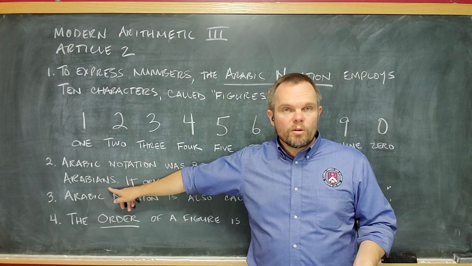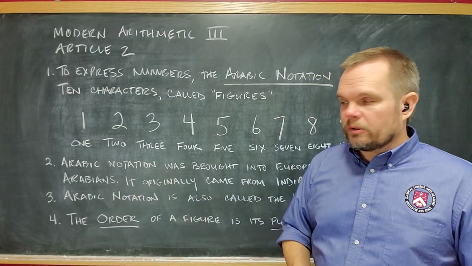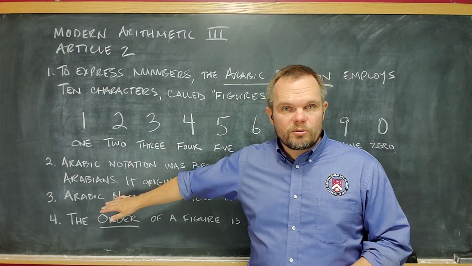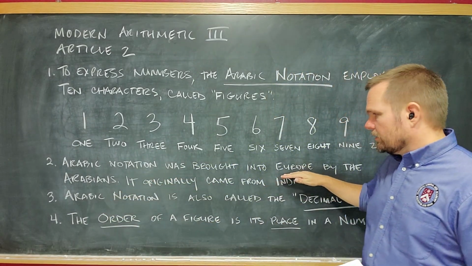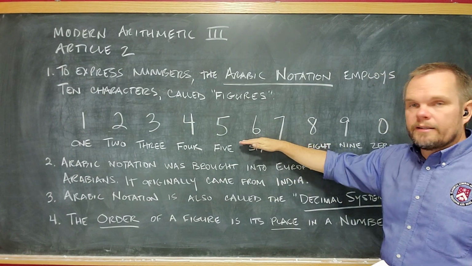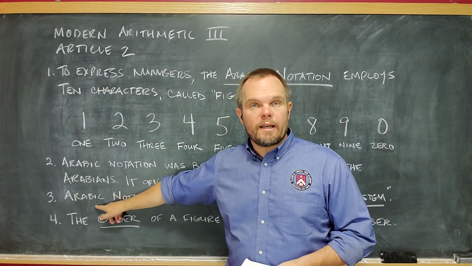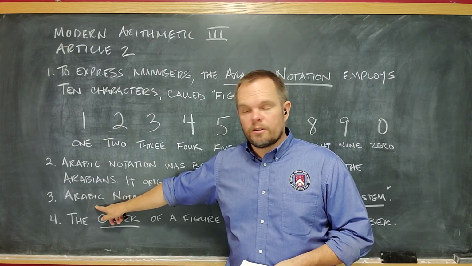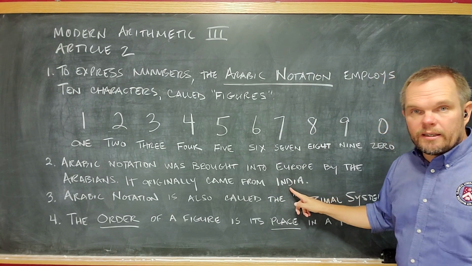If you don't know who Arabians are, you're going to have to study world chronology because we can't teach history here in arithmetic class. But the Europeans learned these figures from the Arabians, and that's why it's called Arabic notation, but the Arabians learned them from India.